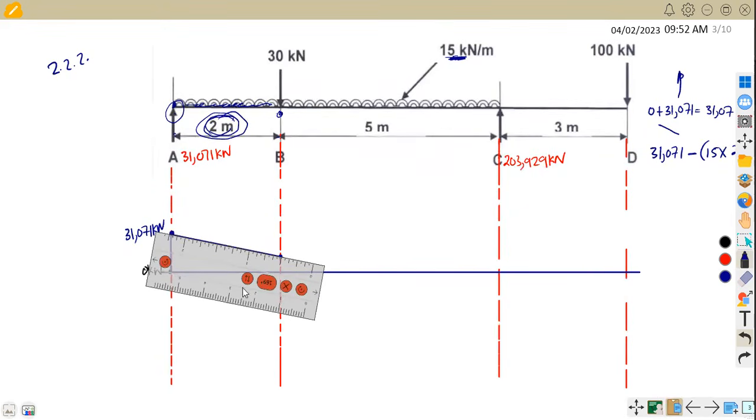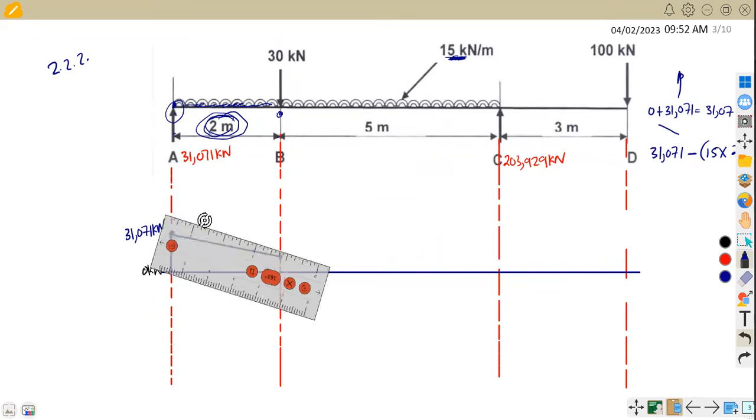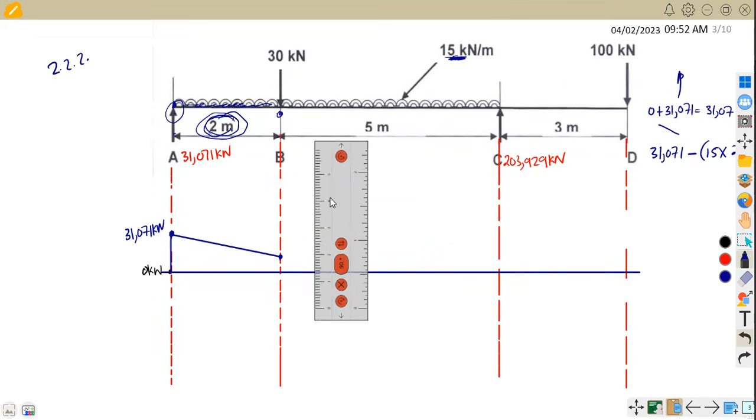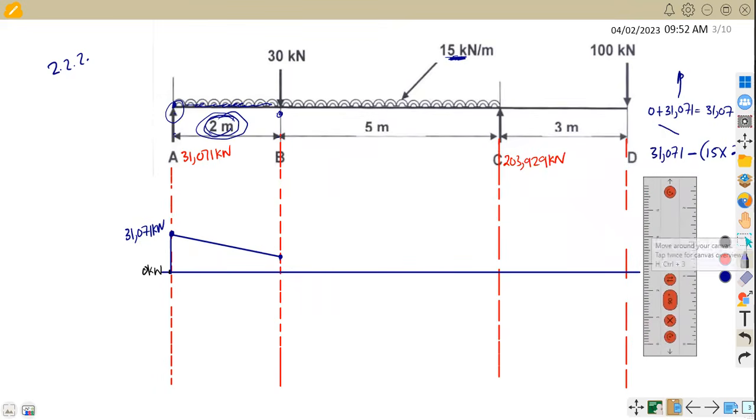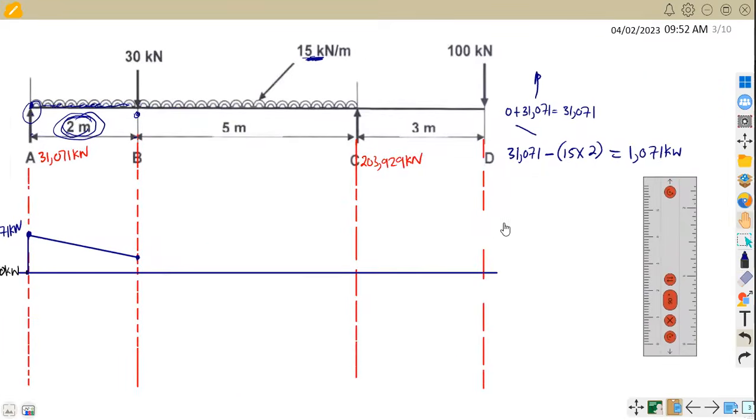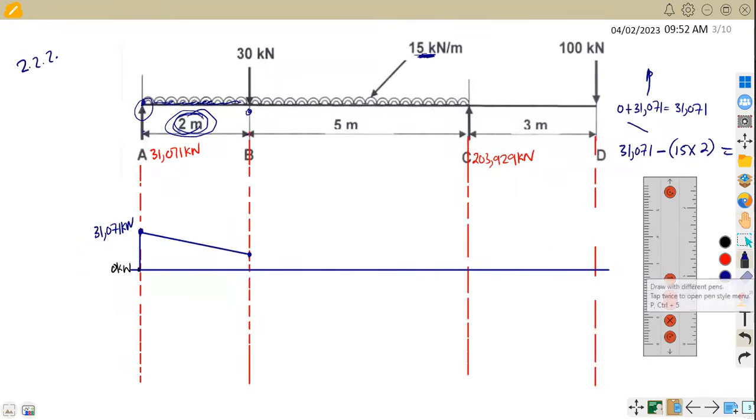All right, so this is where we are now at point B, which is, we said this is at 1,071. All right, so let me just write this 1,071 kilonewton. All right, so this is our major point.